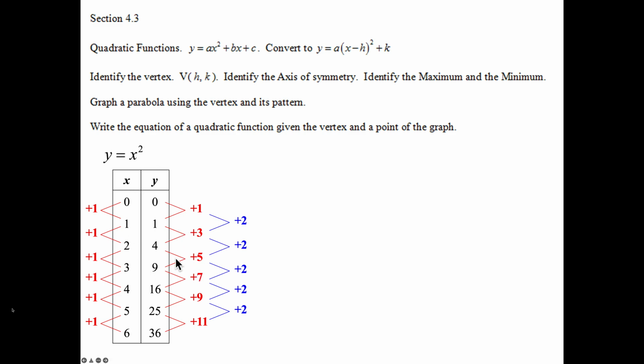So this is the first level difference test. This is the second level difference test. And since all these are 2's, boom, it's an x squared. If these numbers were different and I did the difference of those differences and it came out to be the same, that would be the third level difference test. Then it'd have to be an x cubed function. All right. So again, second level difference test makes it x squared.